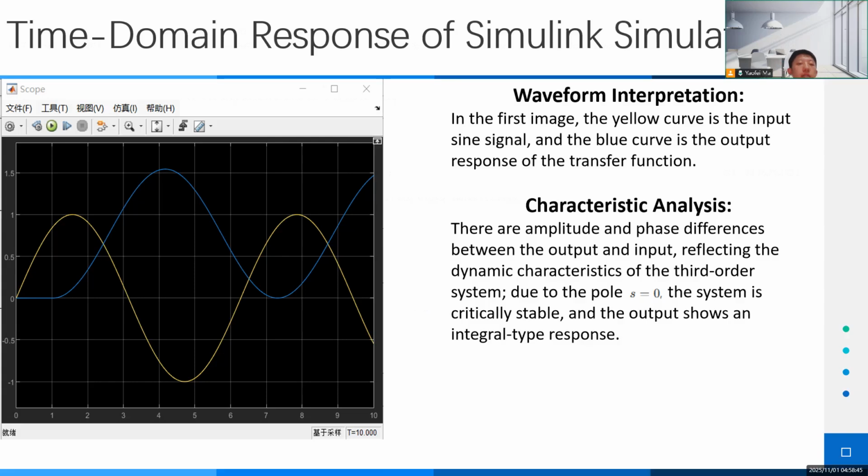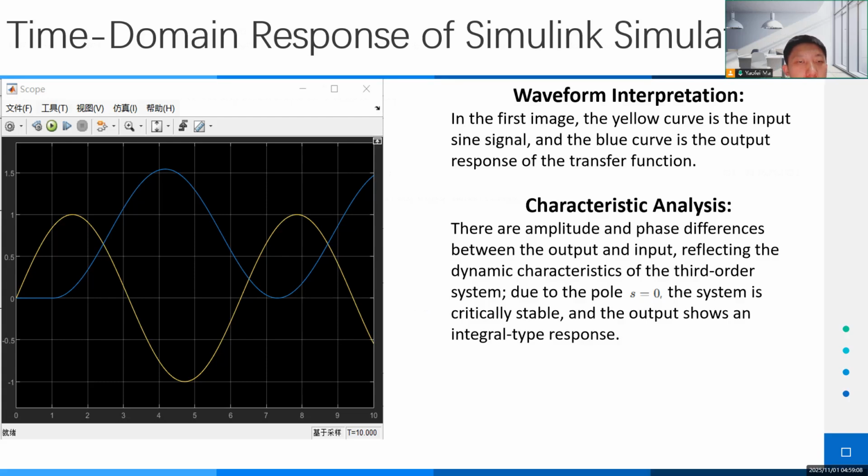Now let's look at the dynamic response from the simulation. This is what we see on the scope. In the scope waveform, the yellow curve is the input sine signal, the one we set from the sine wave source.